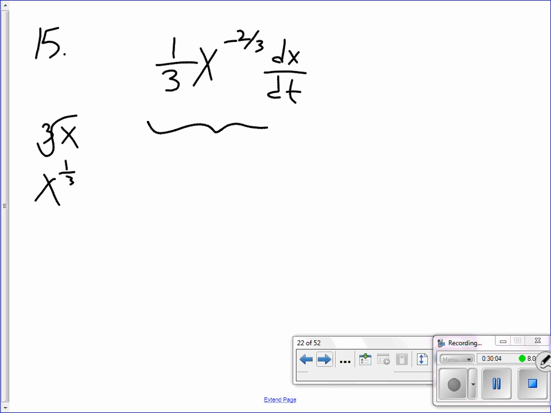So right now we've got the rate at which the cube root of x is increasing. The rate at which anything is increasing or decreasing or changing is just the derivative. So I wrote this down because that's the rate at which the cube root of x is increasing. Then it says it is, mathematically, equal to 1 over k times the rate at which x is increasing.